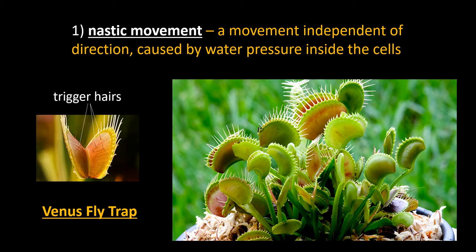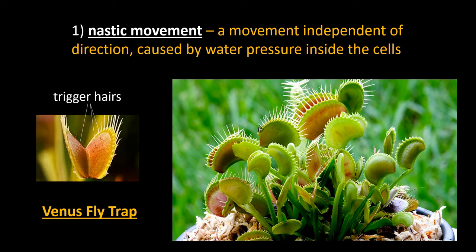And they're kind of like a booby trap. If you touch one, nothing happens. But if within 20 seconds the second one gets touched, it automatically closes. And that is caused by the change in the water pressure inside of the cell. It basically wilts and causes the plant to change shape.